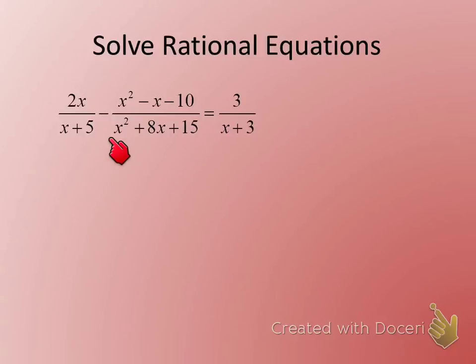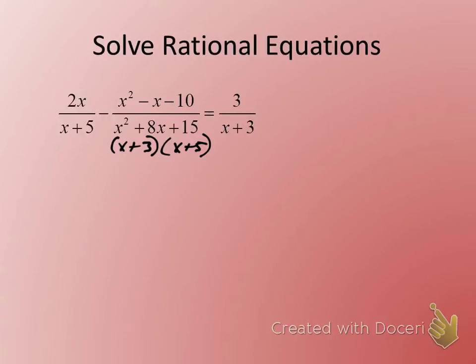So see how this guy here factors. Alright, x squared plus 8x plus 15 factors as x plus 3, x plus 5. Which is no coincidence that it's the two factors that are over here.